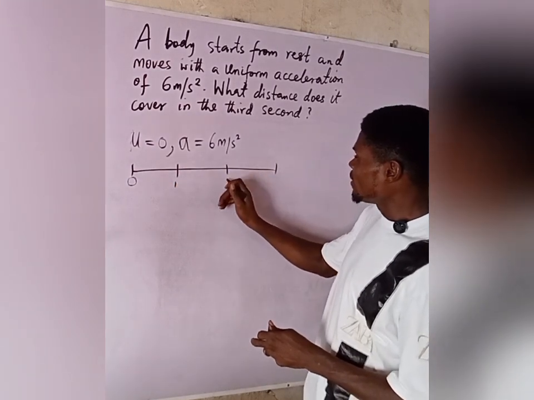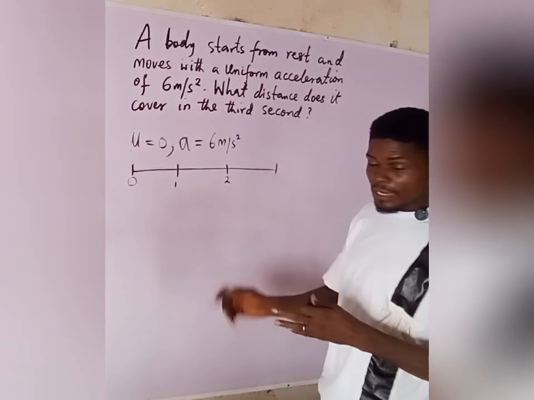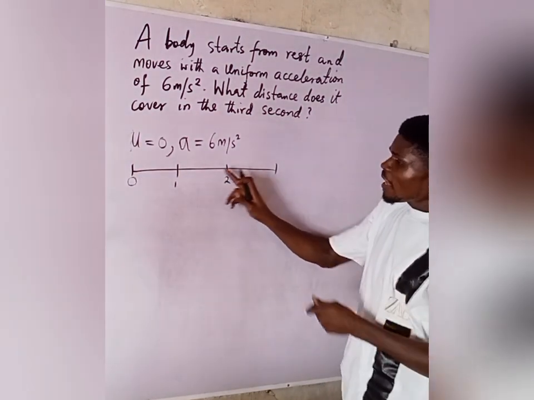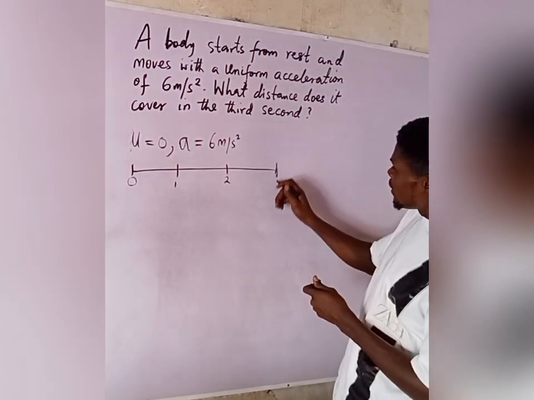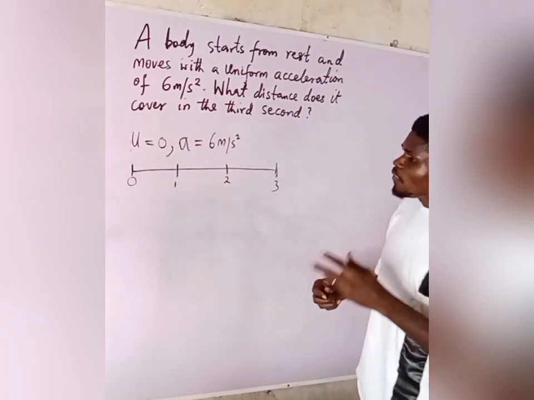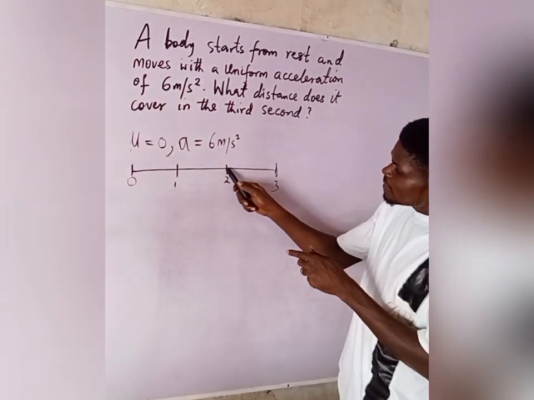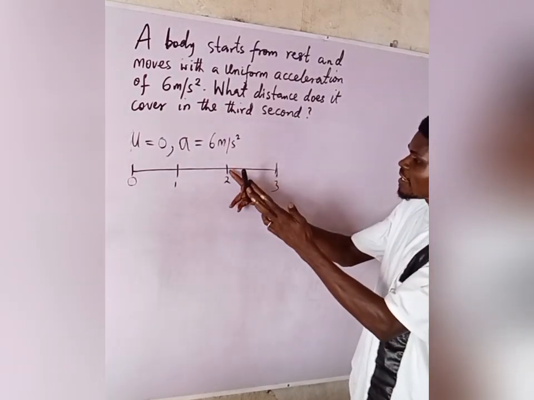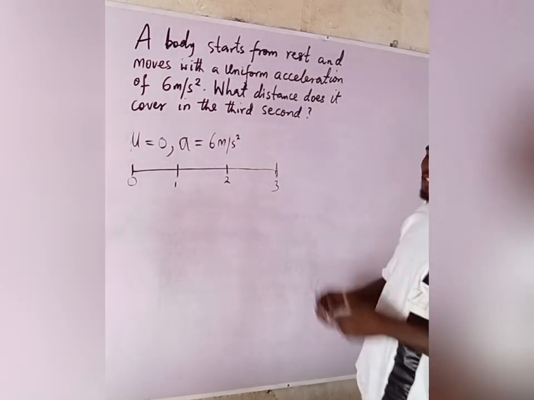Then here is the second, from here to here is now 2 seconds. And then the point here is now our third second. The distance we want to find is the distance from this second point to this third point. That is the distance that is covered in the third second.